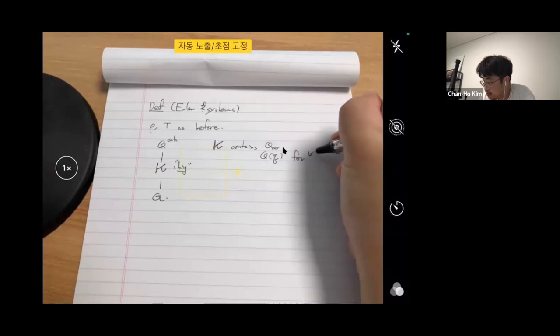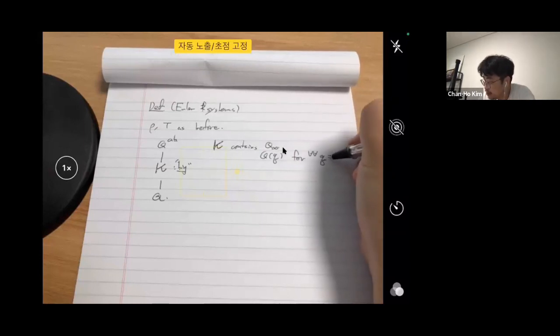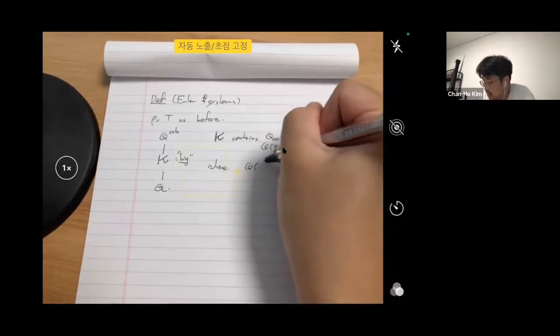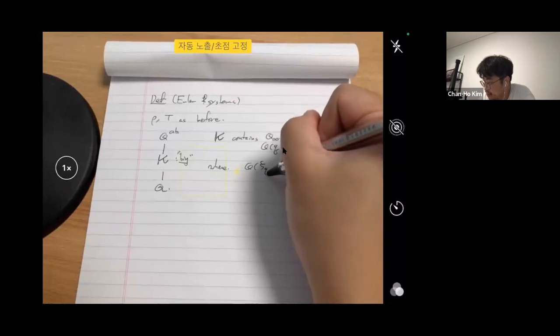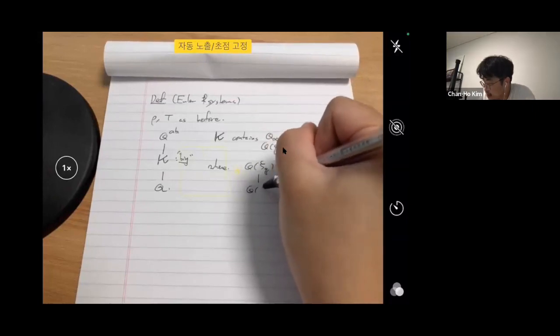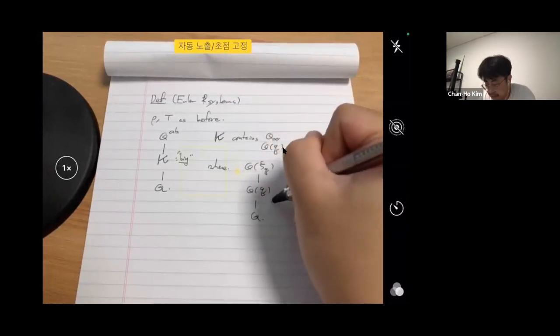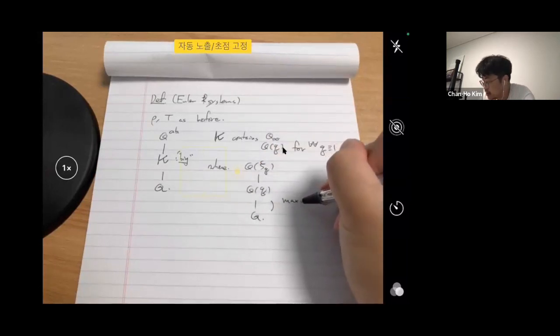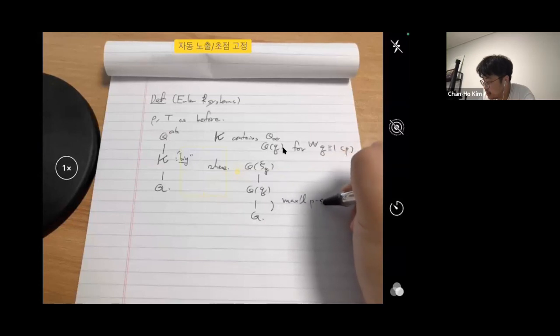For almost all primes q congruent to 1 modulo p, where q is a prime, and the maximal p-sub extension of this cyclotomic extension.